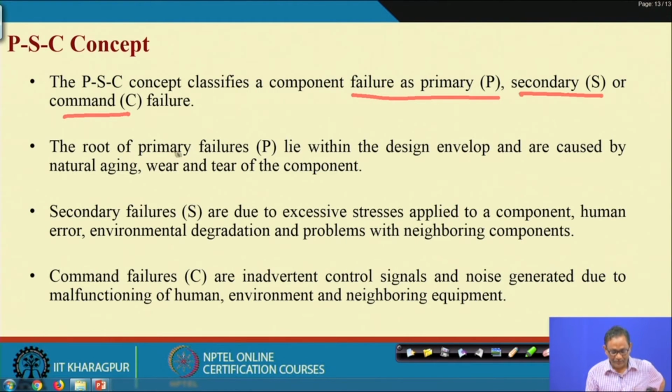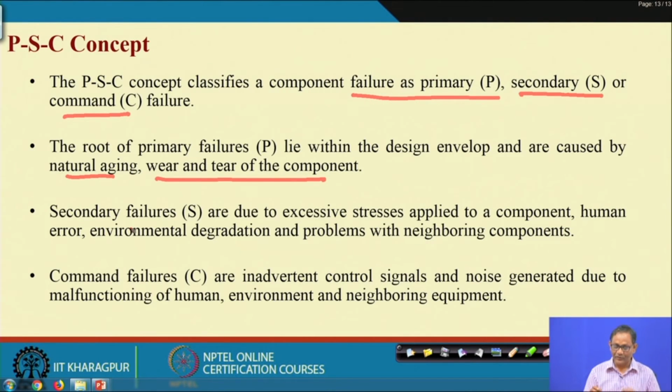The roots of a primary failure lie within the design envelope and are caused by natural aging, wear and tear. The PSC concept is used at the component level. Primary failure means the component itself fails within its design envelope because of wear and tear.